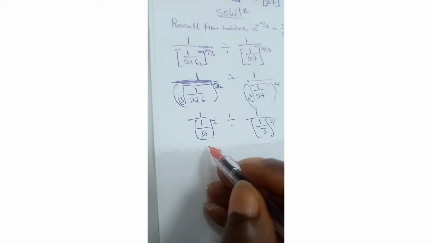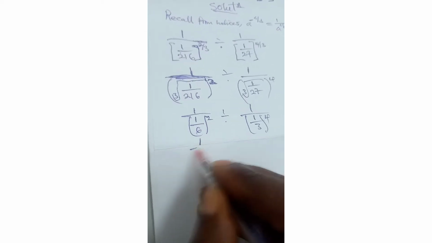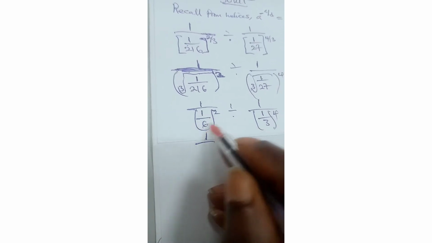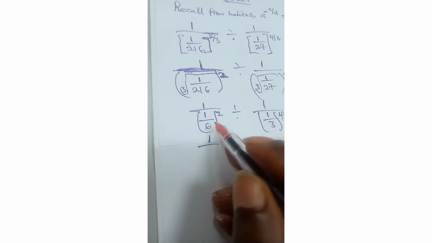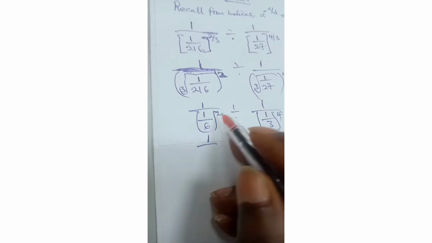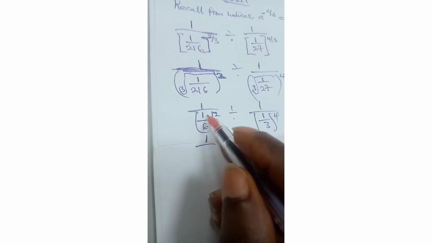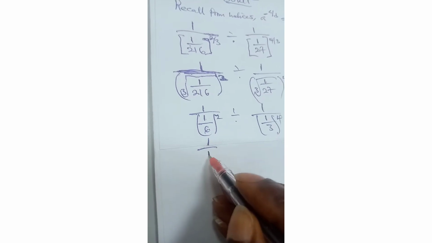Now at this point, it's very simple. You have 1 divided by, what was this? This implies that what we have in the bracket twice, that is 1 raised to power 2 rather. That is, 1 times 1, and that's going to give us 1.